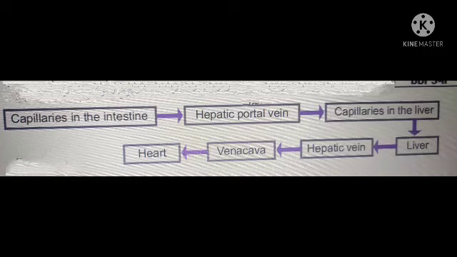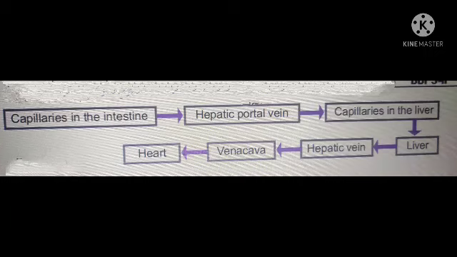Now read this flowchart. Come on, let's read together. First, there are capillaries present in the intestine, and the blood gets transported through the hepatic portal vein.